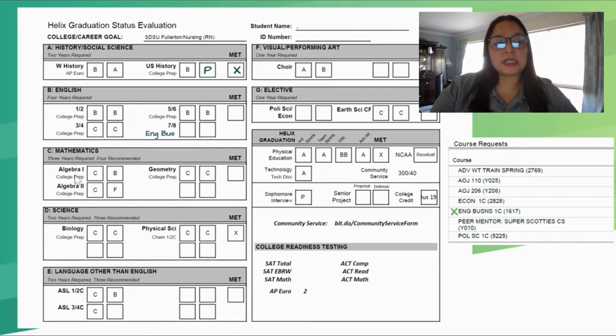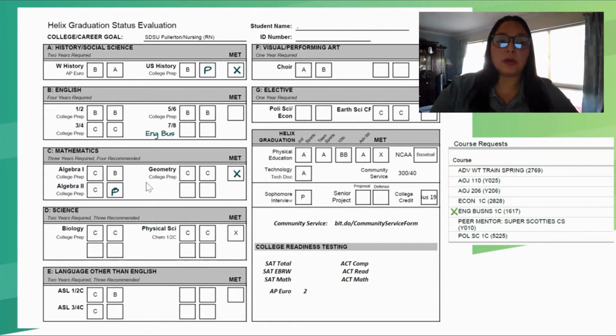Moving on to the next section is mathematics. This student has successfully completed Algebra 1, Geometry, and was in Algebra 2. At the end of spring semester 1, the student did not pass Algebra 2C2. Fortunately, though, the student was provided an opportunity to repeat Algebra 2C2 and was able to earn a P. So the student has fulfilled the graduation requirement for mathematics.